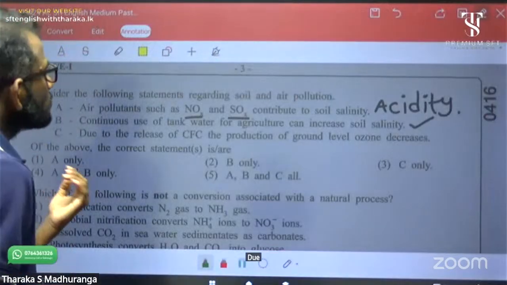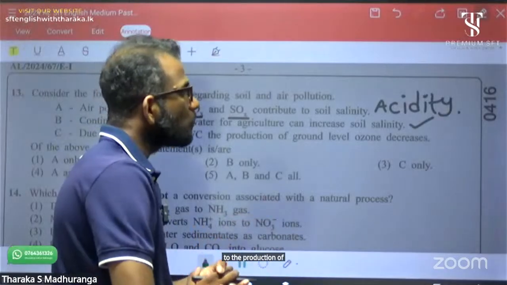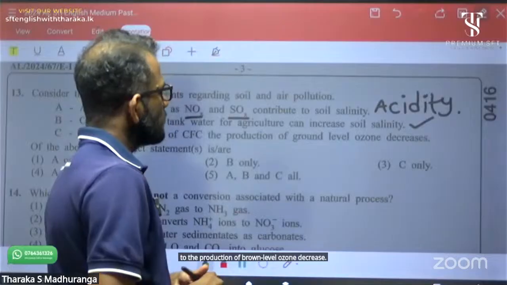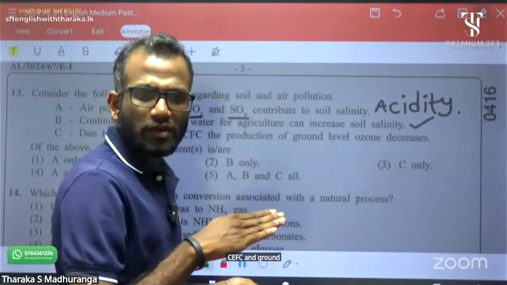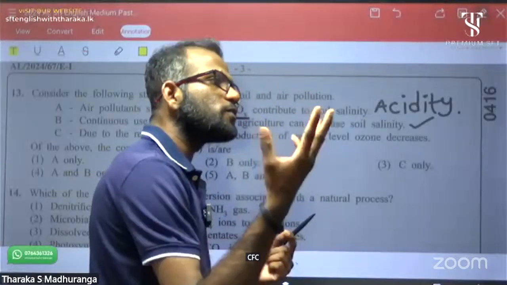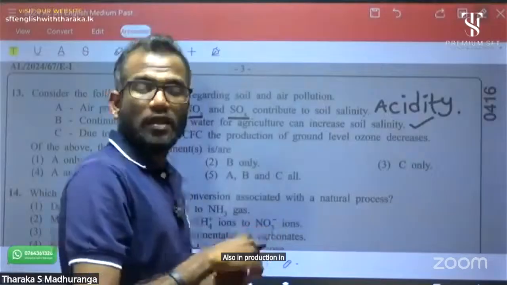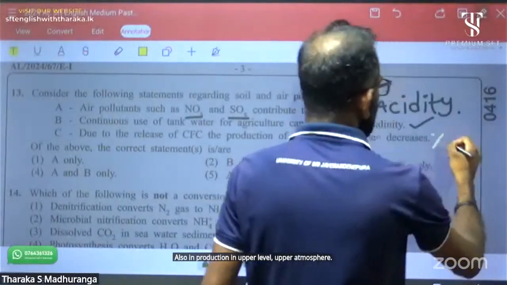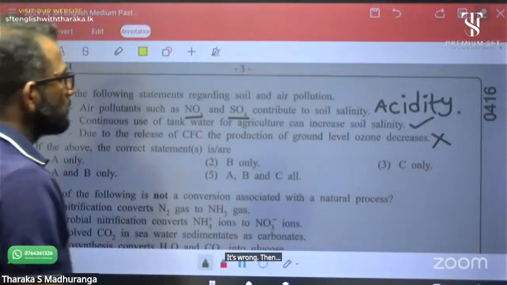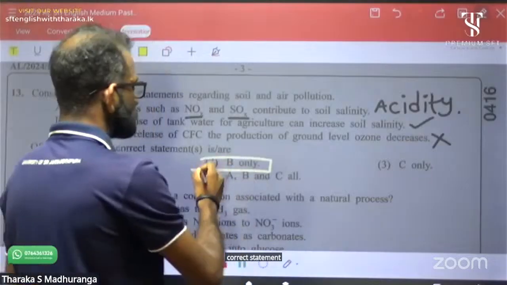Due to the release of CFC, the production of ground level ozone decreases. That's wrong. If we release CFC to the atmosphere, it decreases ozone in the upper atmosphere. It's wrong. Then the answer is only B, correct. Correct statement only B.